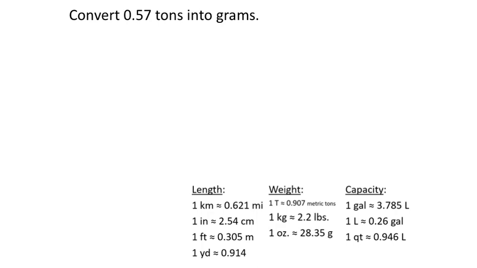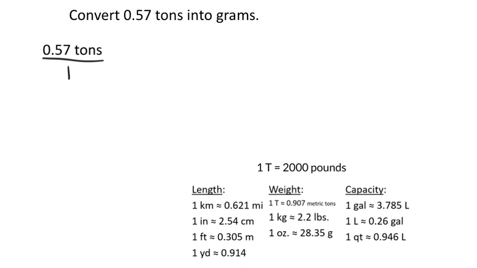Now it's your turn. Try this one. Convert 57 hundredths tons into grams. Okay, so let's take these tons. Again, in the conversion factors and the dimensional analysis, we'll always see this over 1, or we should, just so we understand that we are actually doing the fraction multiplication, which we've been doing.